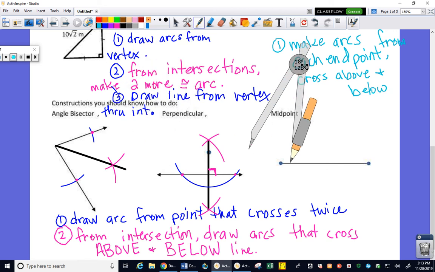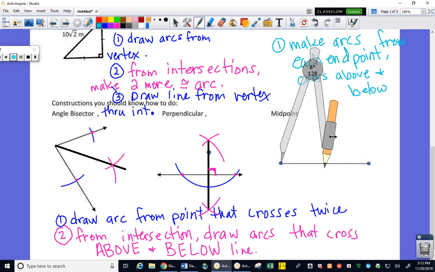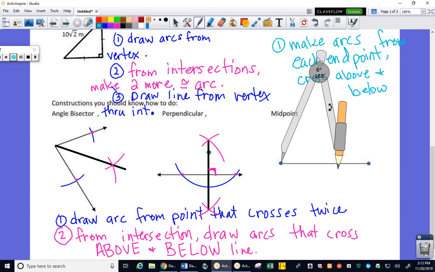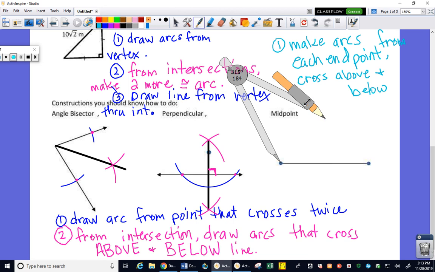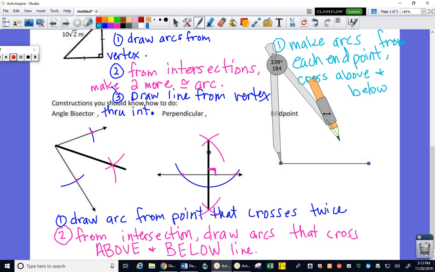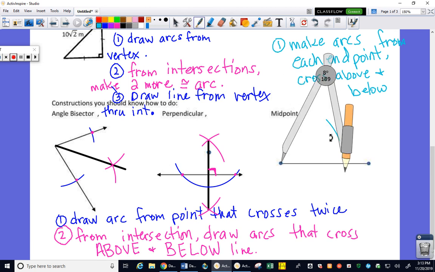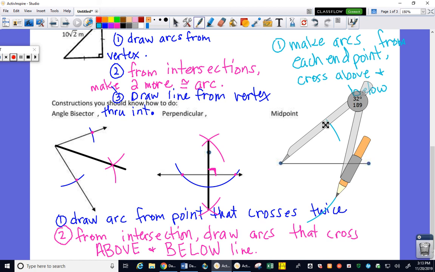From each endpoint, so here I have this one. You have to make sure that your compass is a little more than halfway, even more. We need to make sure it crosses above and below.